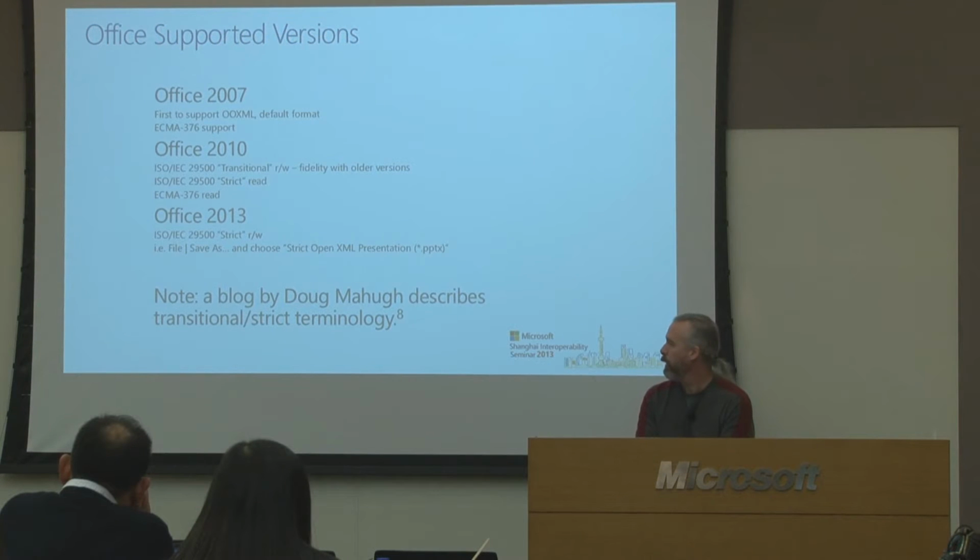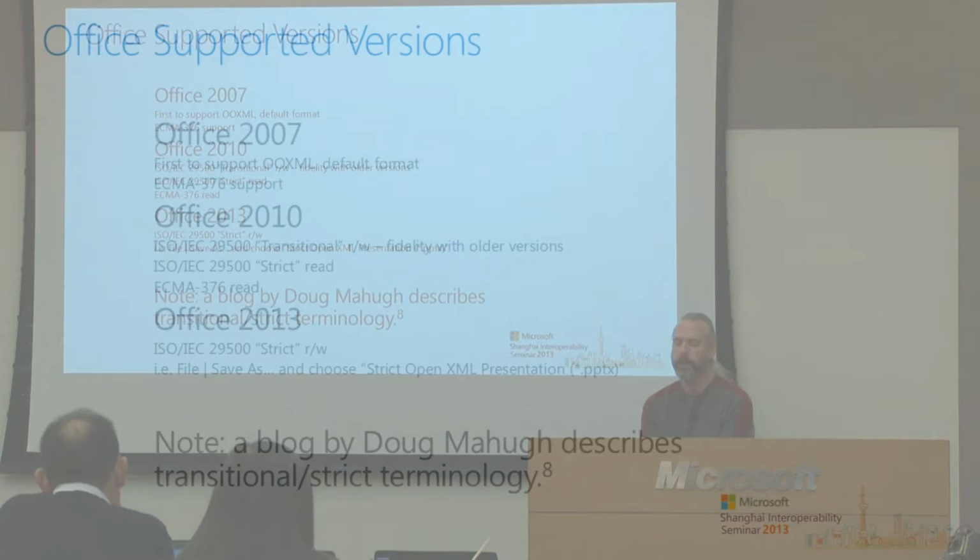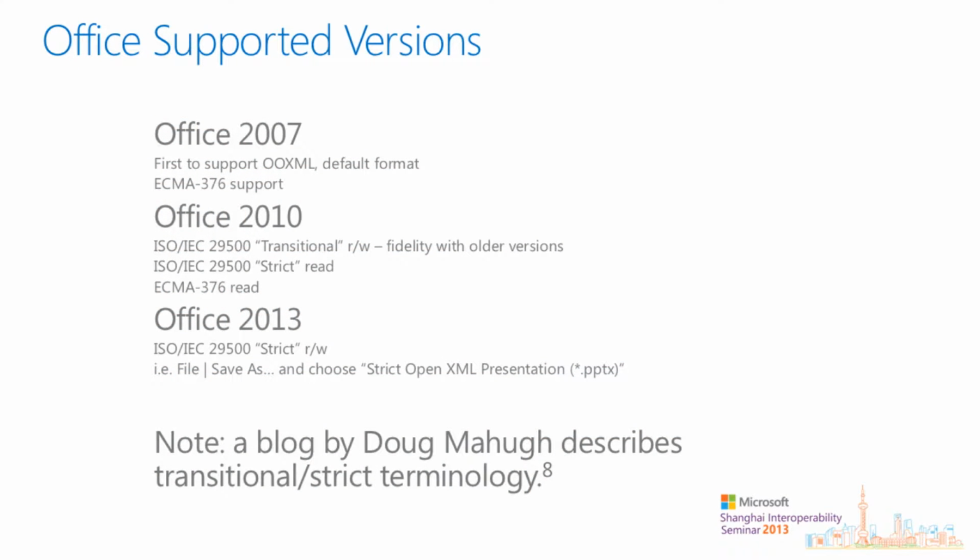And then just a note here, there's a reference at the end of this. I've footnoted a blog by Doug Mayhew that describes the transitional and strict terminology. But as an overview, transitional compliance was provided as a way to allow applications to emit documents that have the most fidelity with the older formats.